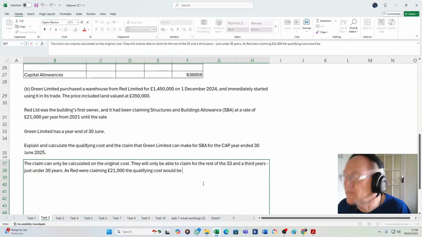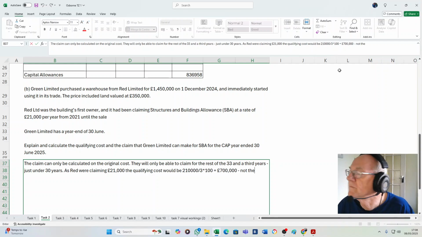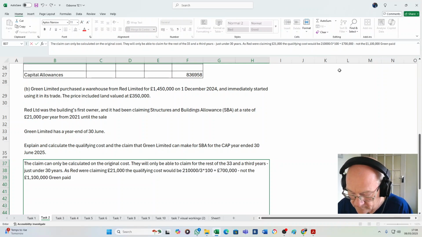So the qualifying cost would be £700,000. Emphasise it, why not? And of course not the land.